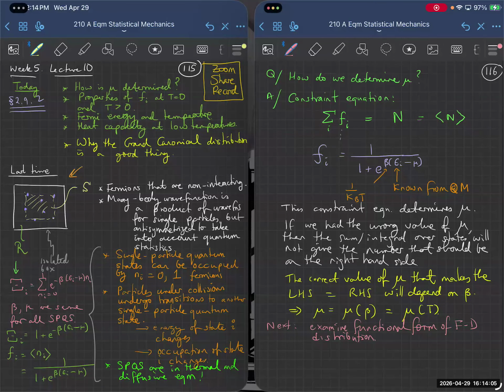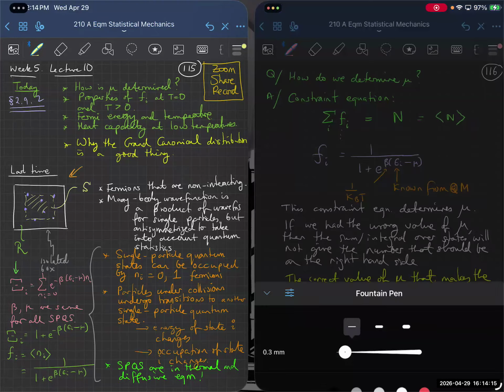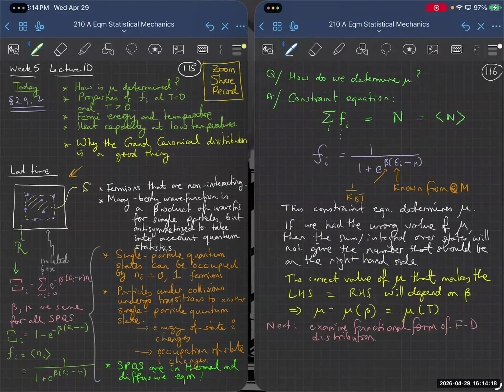The first thing we're going to do is look at it for T equals 0. Oh, I want to say something else before I do that. It's true, everything I've written is true, but I should say that mu will also depend on the number of particles. So it has to depend in this way as well, because N is the thing that's on the right-hand side.